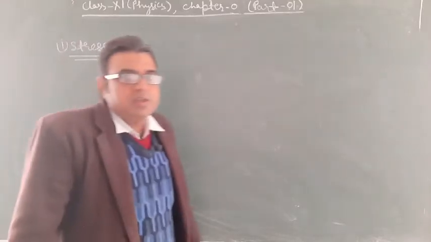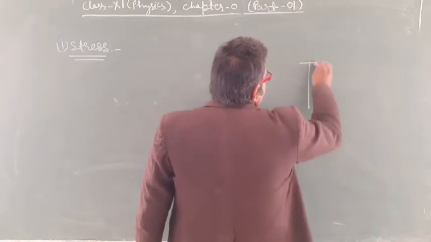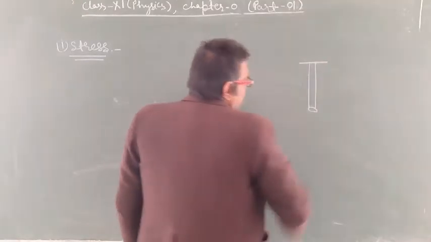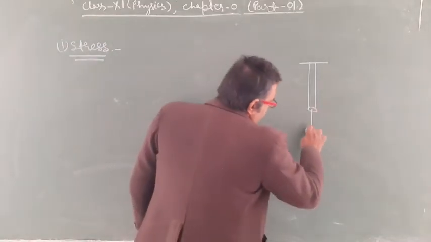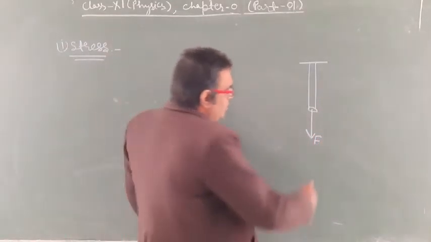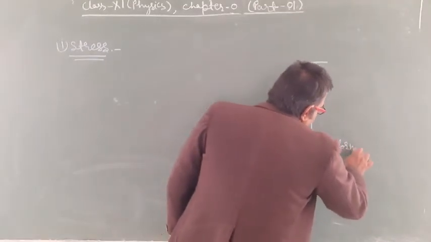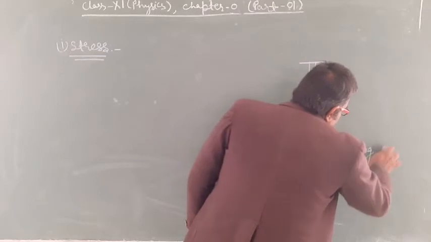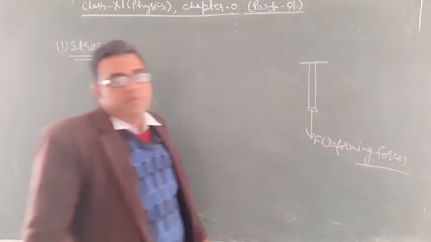Stress is what? Look here. Stress means that suppose there is a rigid body or solid body, and on this solid body a force F is being applied. This force is of a deforming nature, or you call it a deforming force.